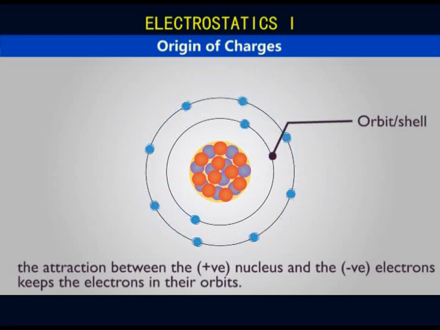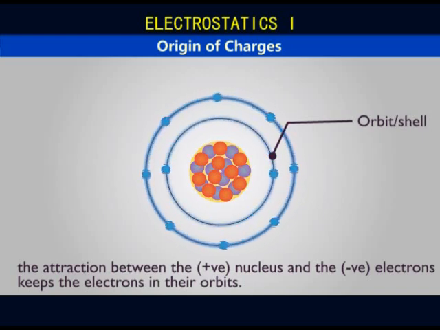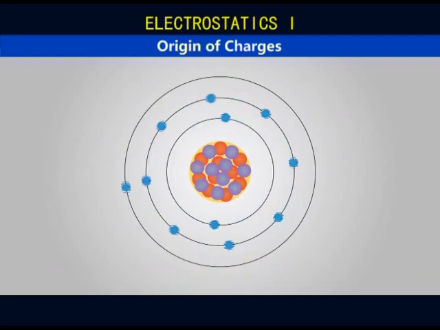The attraction between the positive nucleus and the negative electrons keeps the electrons in their orbits. However, as you move further and further away from the nucleus, this force of attraction gets weaker and weaker. So the electrons in the outermost shells are weakly attracted to the nucleus and sometimes are dislodged.